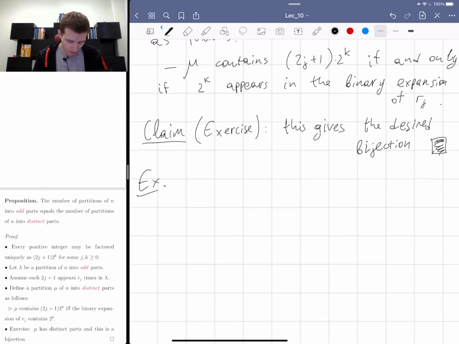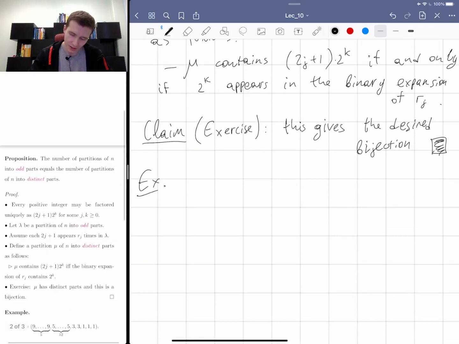And actually, I have recorded it here because I'm not good at summing up a lot of integers in my head. So let's say I have lambda. Remember, lambda is a partition into odd parts.